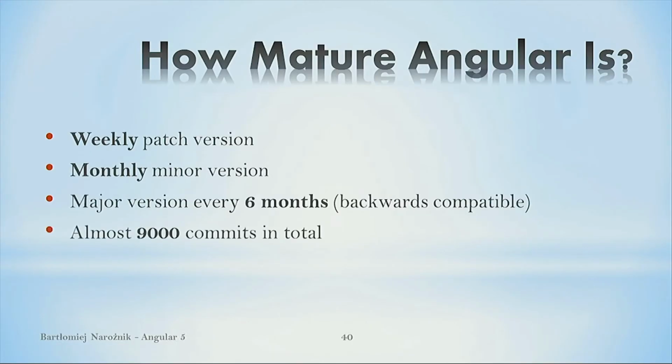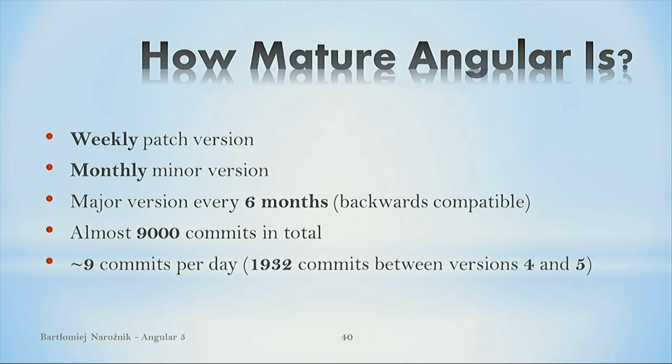There are almost 9,000 commits in total in the Angular repository. So I've been counting, and between versions 4 and 5 there were 1,932 commits. If you divide it by the number of days, it will be roughly 9 commits for every calendar day. So I say it's impressive.